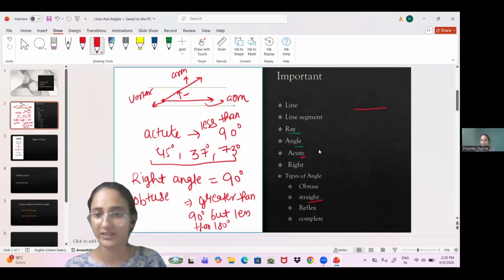A straight angle means one ray is in this direction and another ray is in this direction. This complete angle is known as 180 degrees or a straight angle because both sides make a straight line.